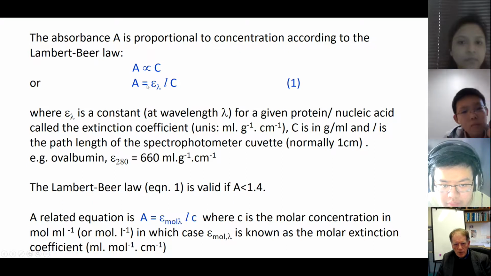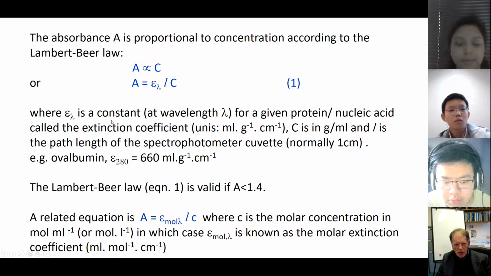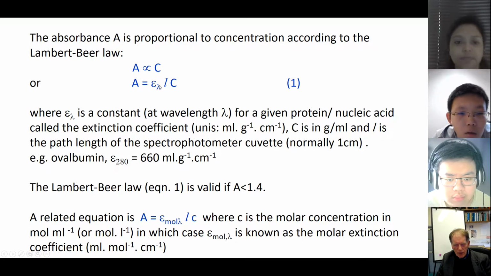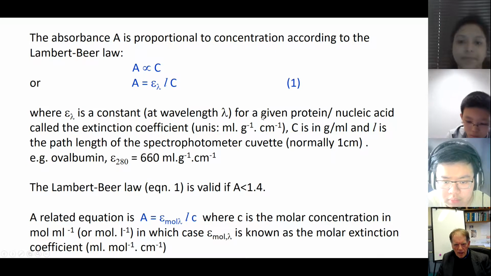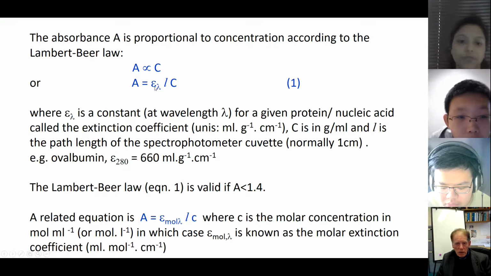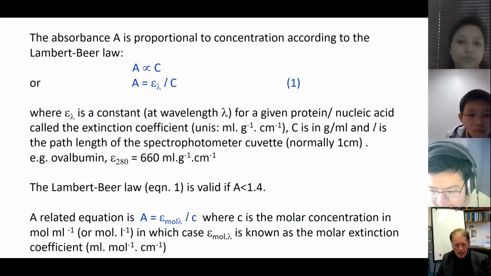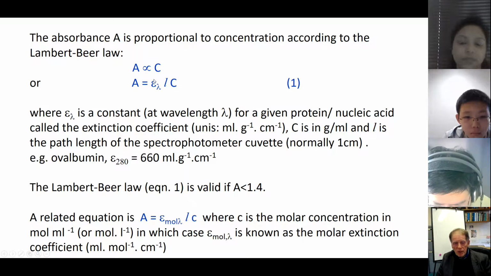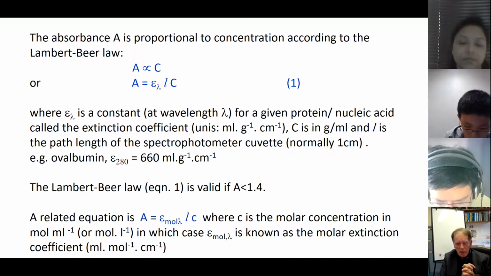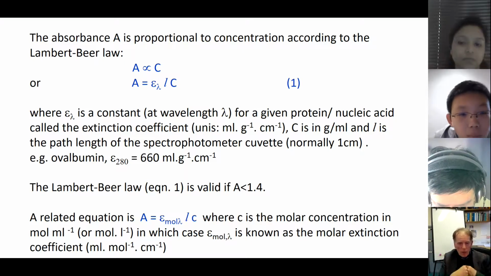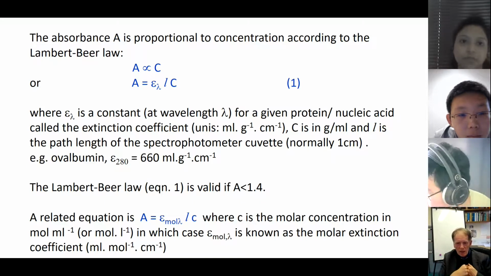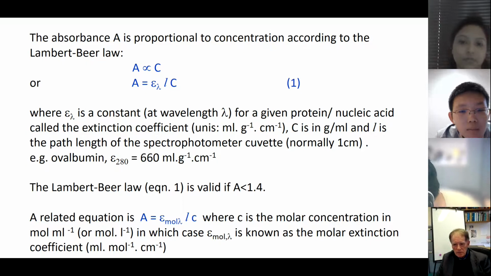The absorption equals this parameter here, epsilon subscript lambda, which is called the extinction coefficient, and that will depend on the wavelength. This particular value will depend on the wavelength and also on the particular protein or nucleic acid. So for proteins, the more tryptophan and tyrosine amino acids you have, the greater will be the extinction coefficient.